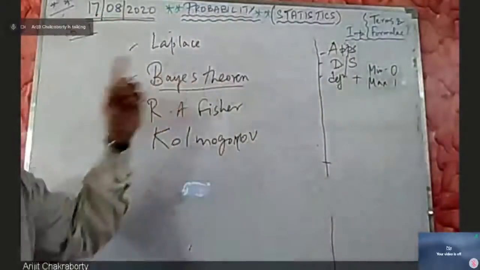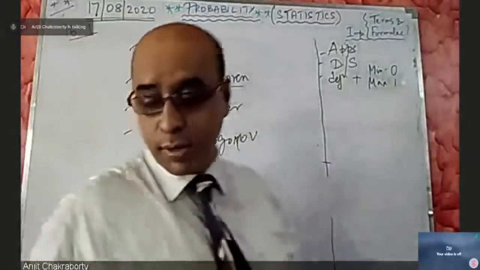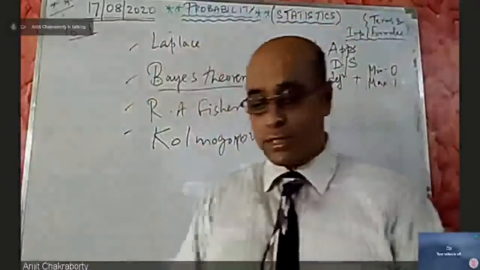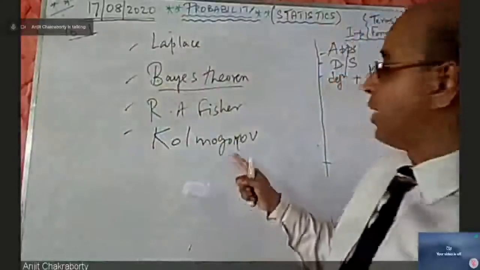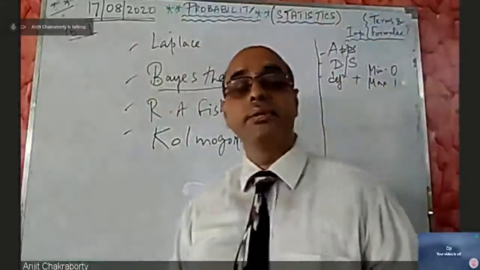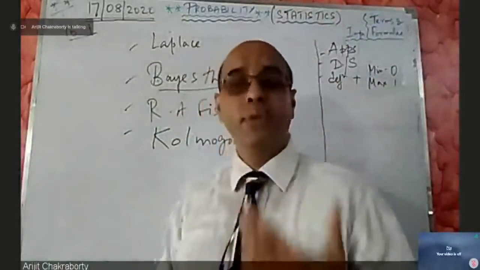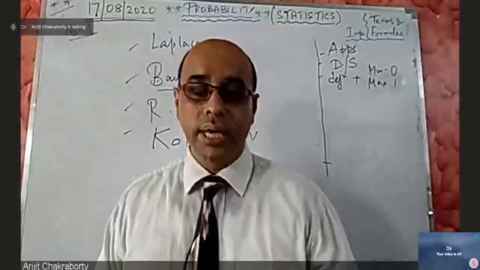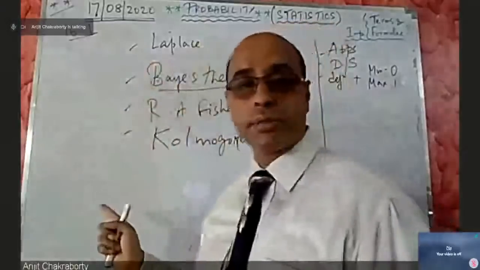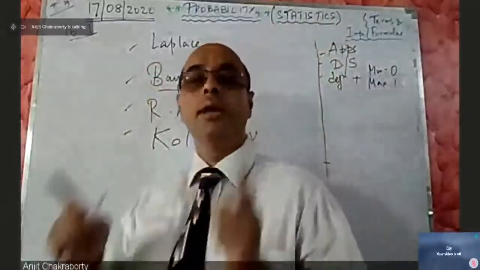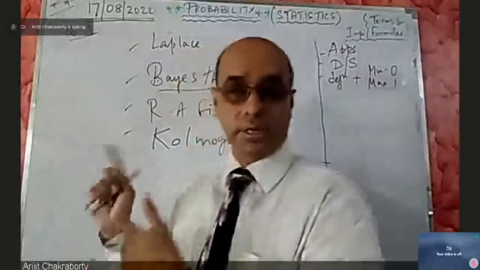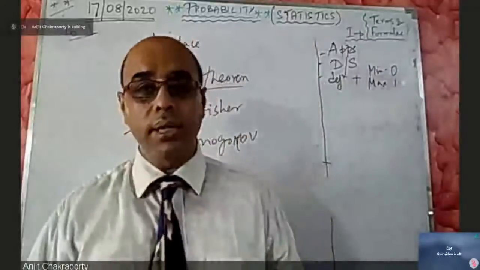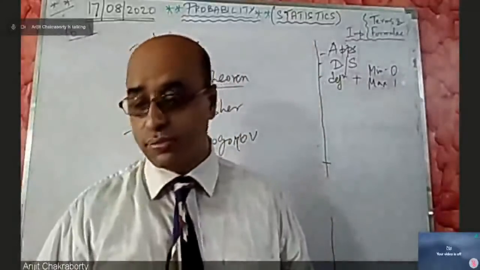So you have France, you have England, you have Russia. 4 experts: Laplace, Thomas Bayes, R.A. Fisher, and Kolmogorov. In fact, in different areas, even in physics, in science, in chemistry, in nuclear physics, you have probability applications. Most important practical part of statistics we have started. So you need to know who the founders of probability are.